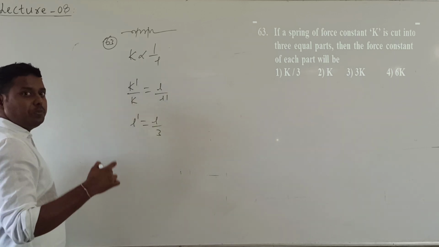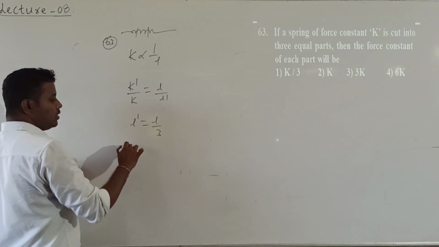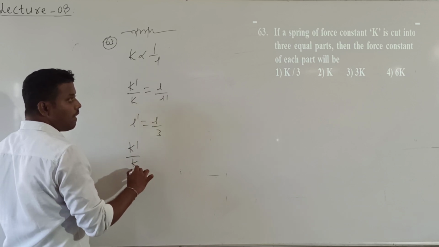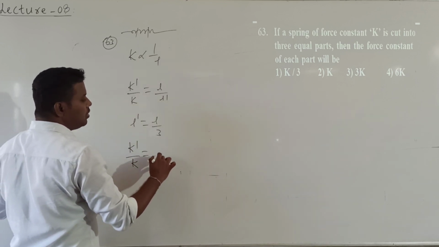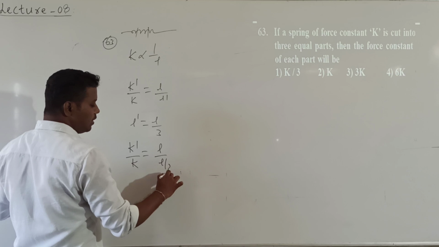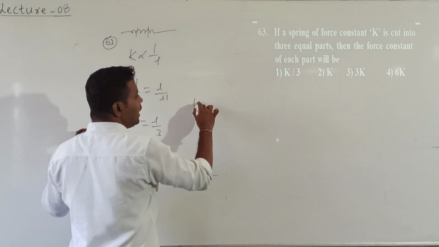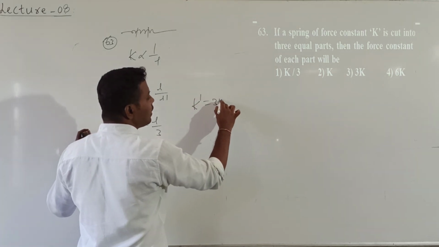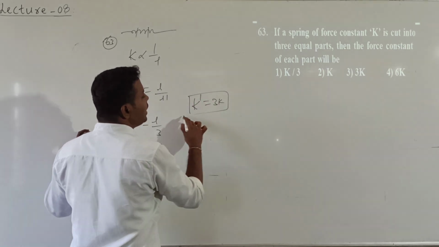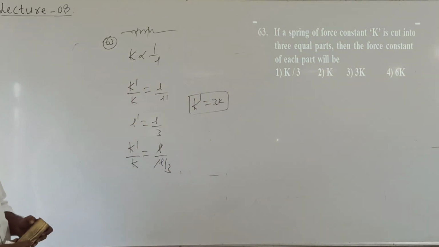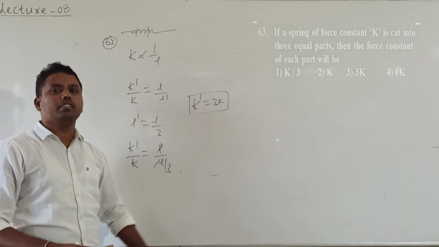So the length of each part is L by 3. So K dash by K value is equal to L by L by 3. L cancels. K dash is equal to 3K. Whenever length is divided into 3 equal parts, the spring constant of each part will become 3 times.